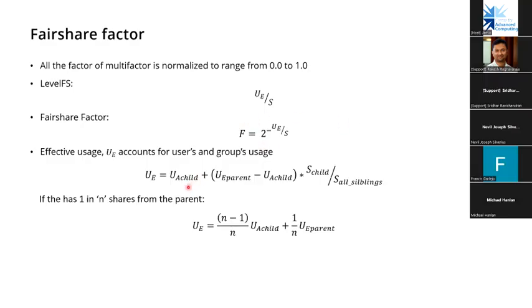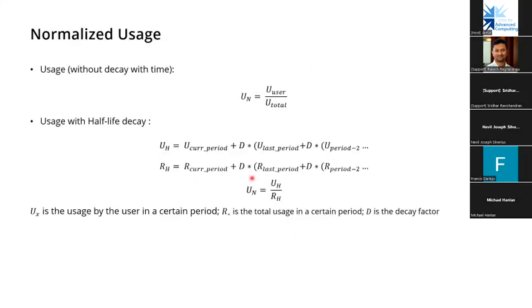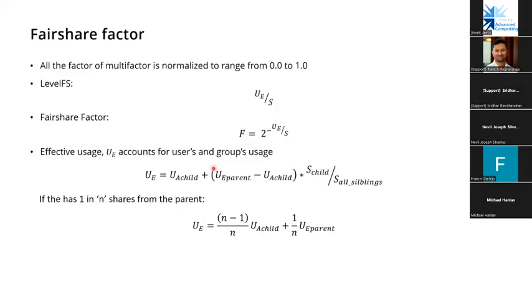And then if we just consider this and calculate it, my usage is not affected by the usage by the group. To account for that, the usage factor is slightly adjusted. In this case, UACH is the current user that is using, which is calculated using this formula. And there is another factor that is included in this, which accounts for the usage of the parent or the group, minus the usage of the child itself to avoid double counting.